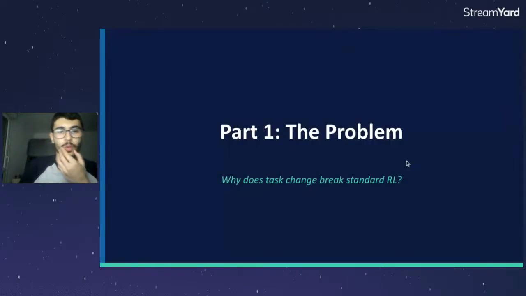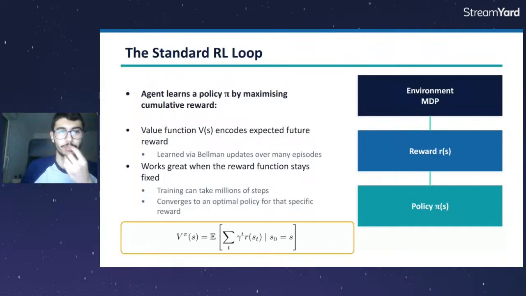Okay, so what's the problem that we're trying to solve? In a typical reinforcement learning problem, we have the environment, which is an MDP, a Markov decision process. And we have an agent that is acting within this environment. The goal of the agent is to maximize a reward.